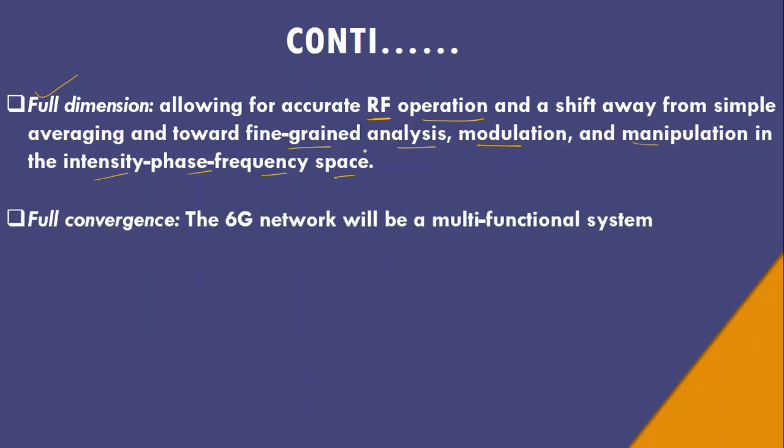The next one is full convergence. In full convergence, the 6G network will do multiple tasks at the same time, so it is a multifunctional system.